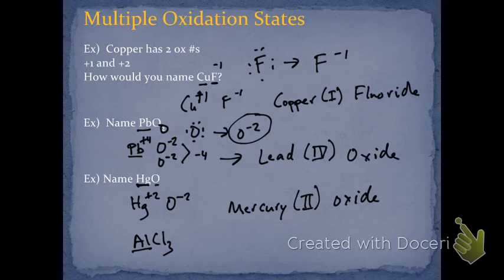If the answer is no, then I don't have to do this part, right? All I have to do is write aluminum chloride. Do I need a Roman numeral there? No, I don't. Why? Because aluminum is in group 3. Group 3s all have one oxidation number. So you've got to be careful. You always want to check when you're naming these.